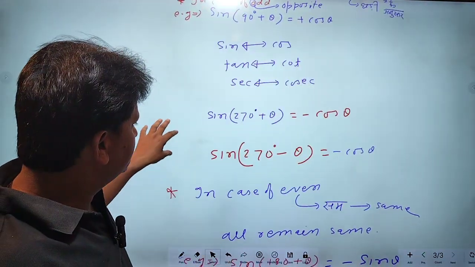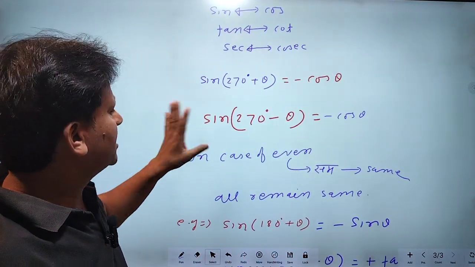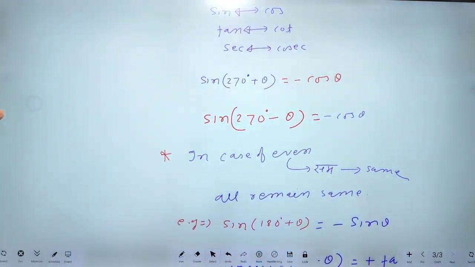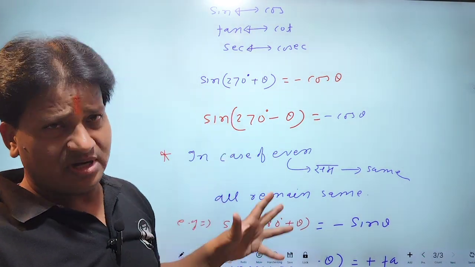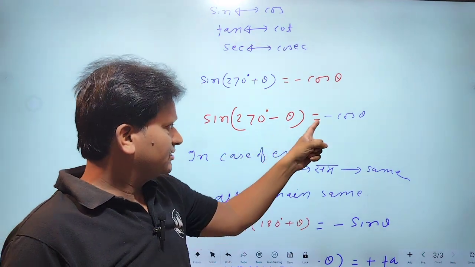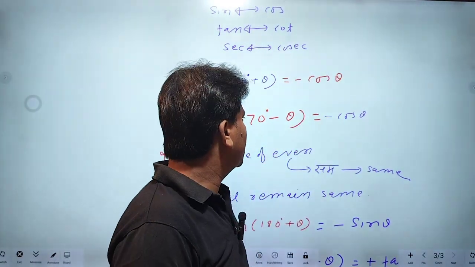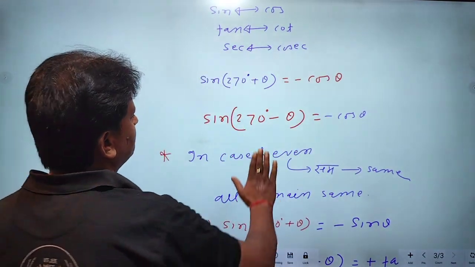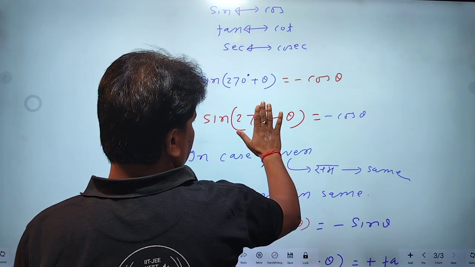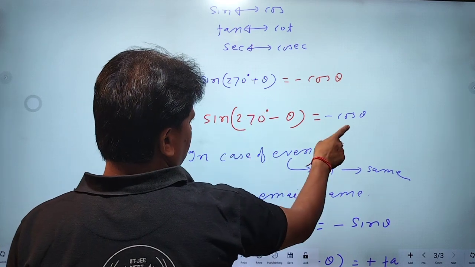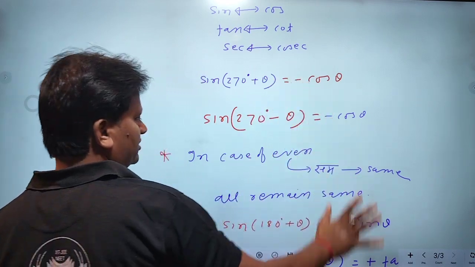Here it is sine. Therefore, it will be negative in third quadrant. This will be negative. Now I am going to remove 0. This will be odd. Therefore, sine is converted into cos theta.